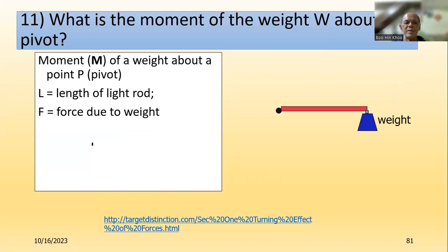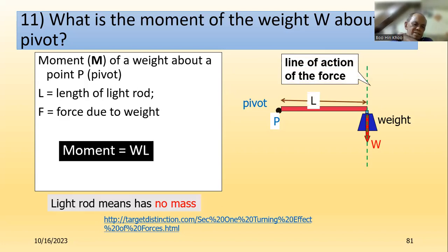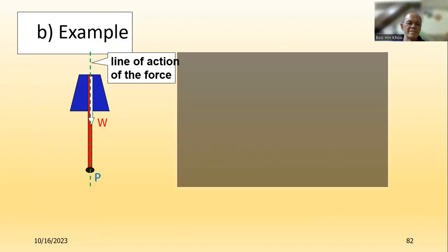What's the moment of the weight about the pivot? That's your pivot. That's your weight. That's your line of action. That's the perpendicular distance L. So WL. There's your pivot, there's your weight.